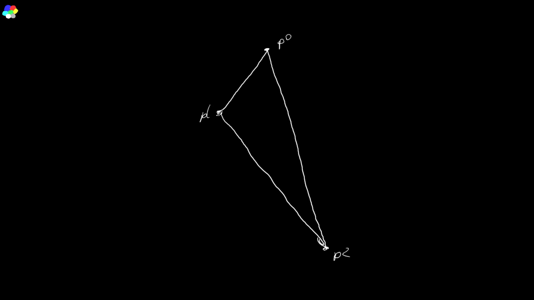P1 is going to be in the middle. What we want to do is find the equation of the line from P0 to P2, and then find the point on that line at P1y. We'll call this point Q. And the Q point is going to be the separation point.